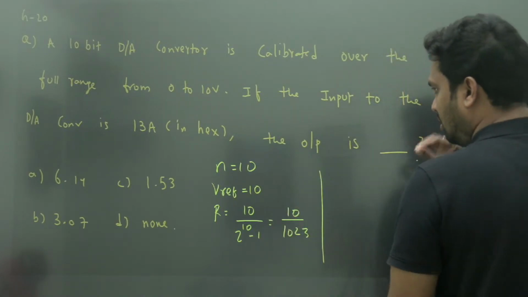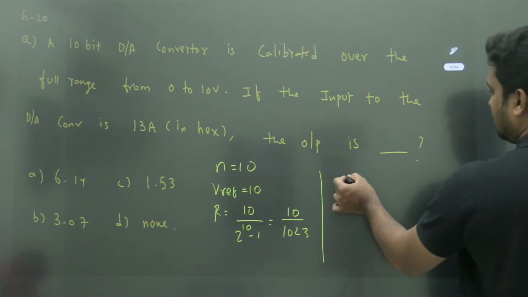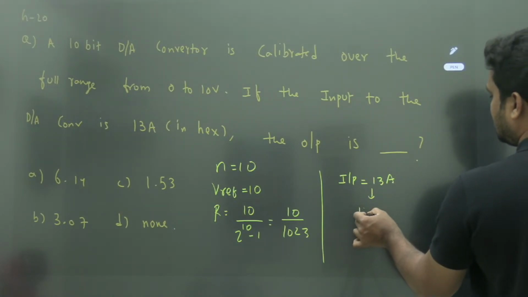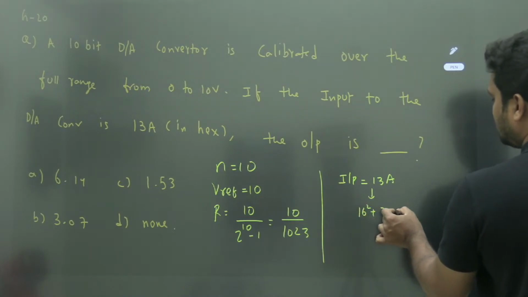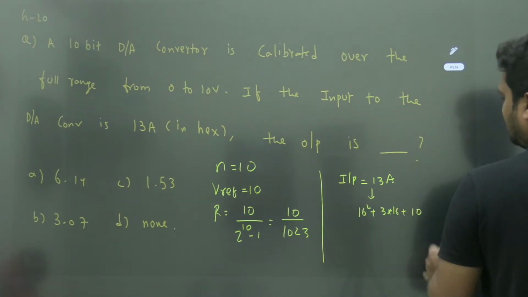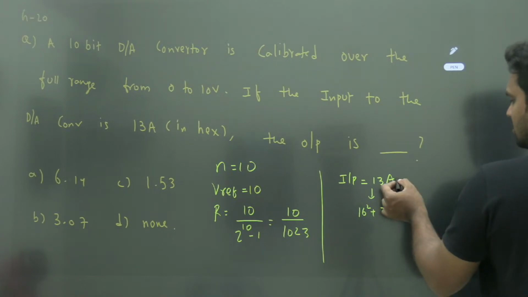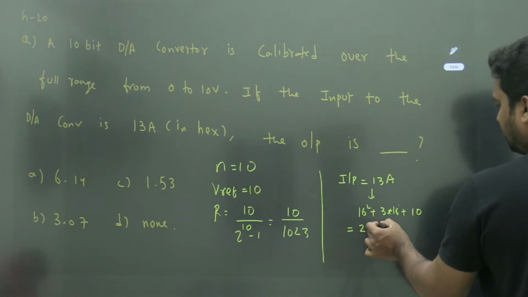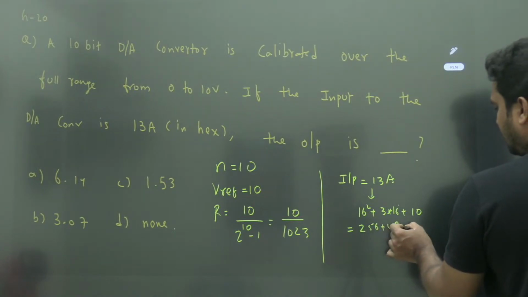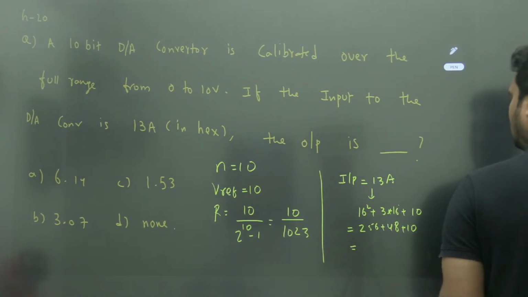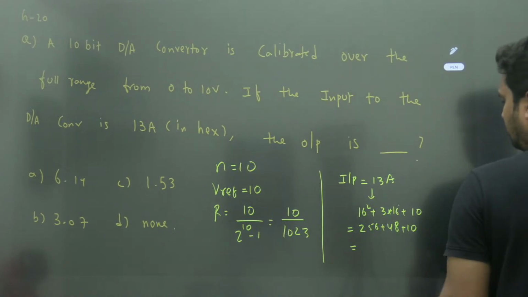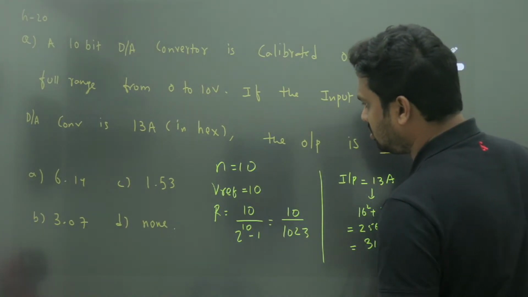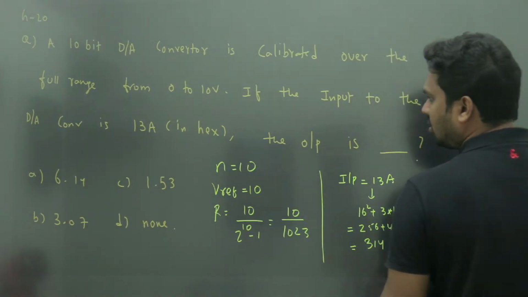Now the input is how much? 13A, that is 1 times 16 squared plus 3 into 16 plus 10. The decimal equivalent: 256 plus 48 plus 10, which is 314, I feel. So what is the output?